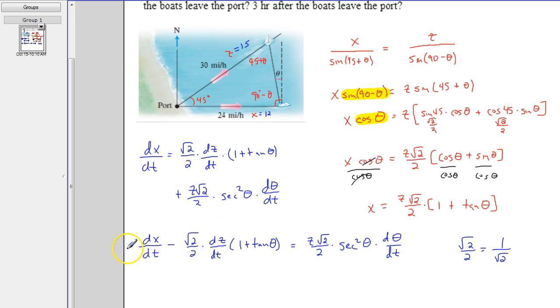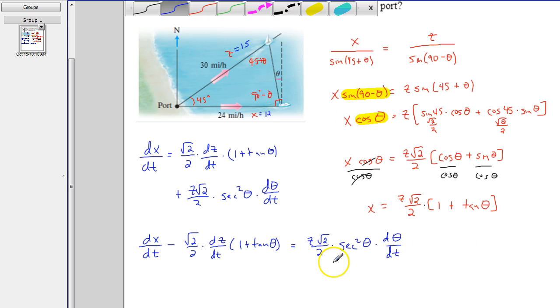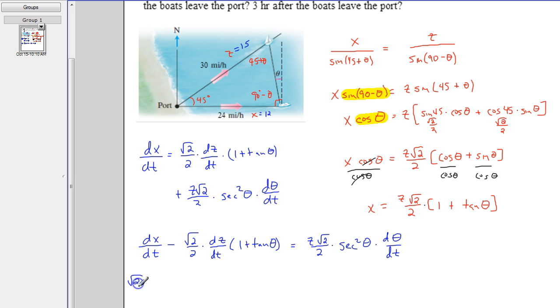But over here, I'm going to end up multiplying by the reciprocal of this form just because it's a nicer, cleaner thing. It doesn't have a fraction look anymore. So when I clear out fractions on the left and right, I'm going to multiply by square root of 2 over z here. So I end up with the square root of 2 over z dx dt.